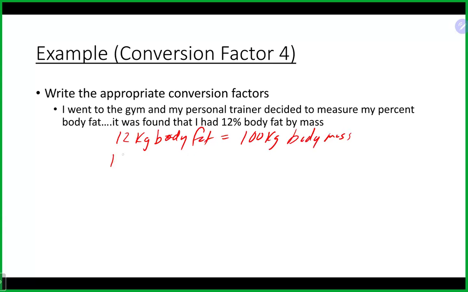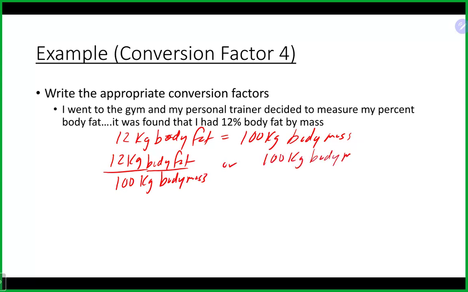And that would give you two conversion factors: 12 kilograms of body fat over 100 kilograms of body mass, or again, you can flip it around and do 100 kilograms of body mass over 12 kilograms of body fat here.